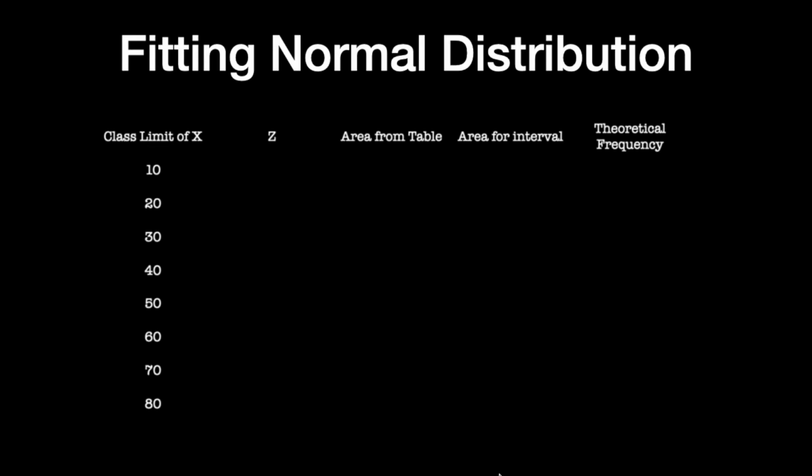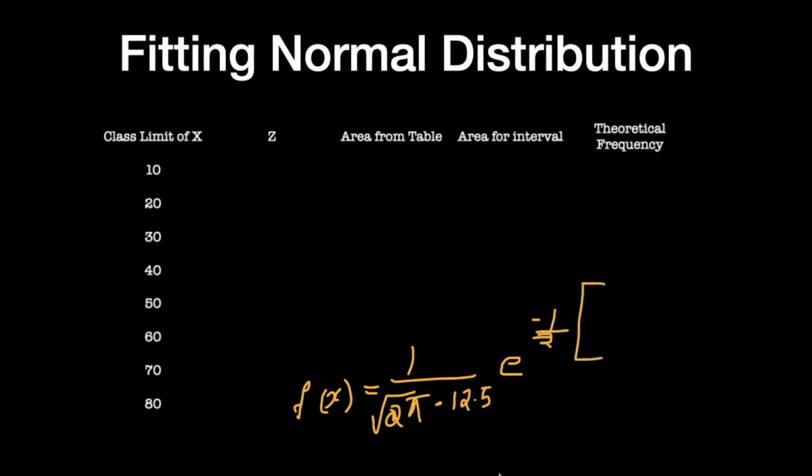The probability density function f of x, in the case of a normal distribution, is 1 divided by root 2 pi into standard deviation, in this case 12.5, into e raised to negative 1 by 2 into x minus mu, where mu is 44, the average we have already calculated, divided by the standard deviation, here 12.5, whole square. So this is the probability density function for a normal distribution.